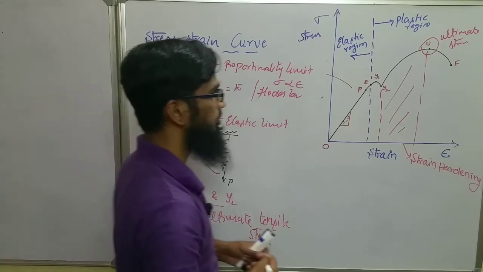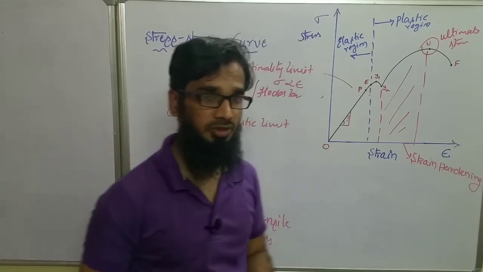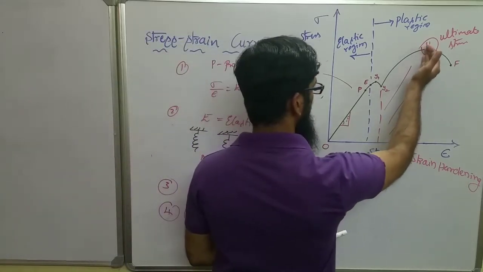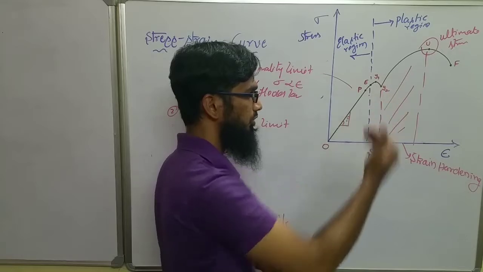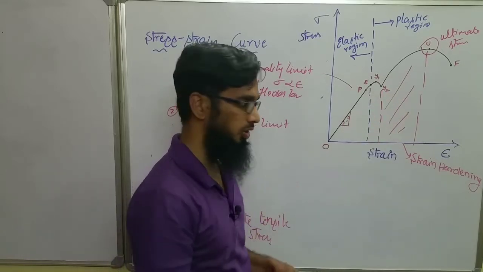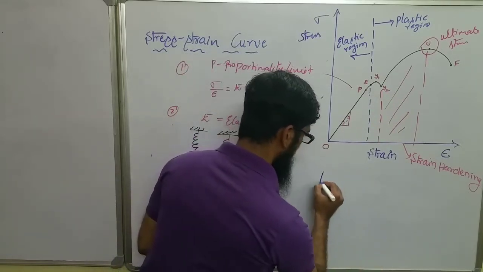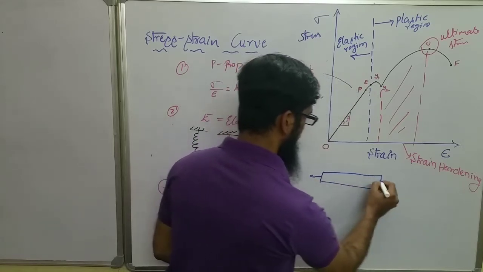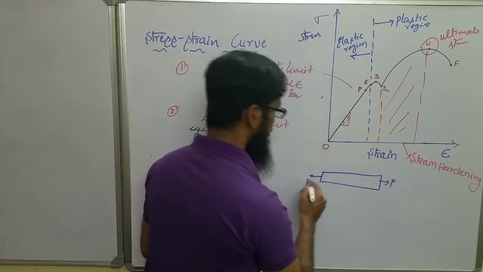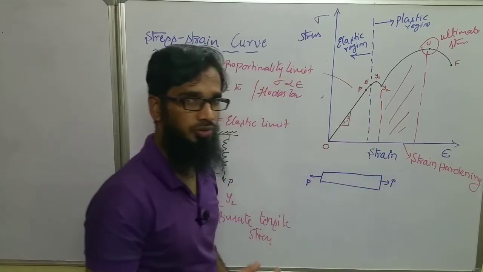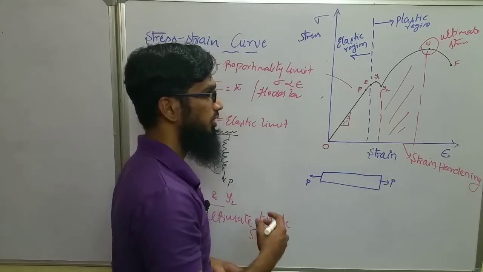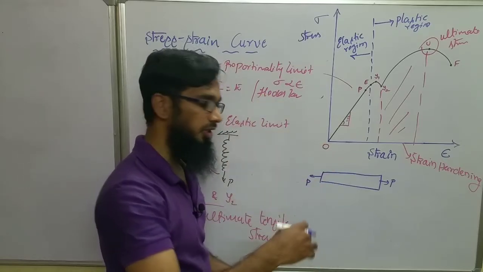So now what happens at point U? Why is it maximum? Just before this, the material is a harder one. If I take this member initially and it is subjected to a load P, when the member reaches U, the ultimate tensile stress, the curve will decrease after that.